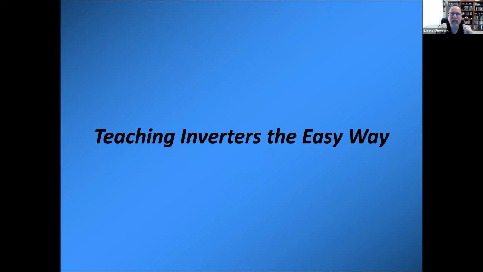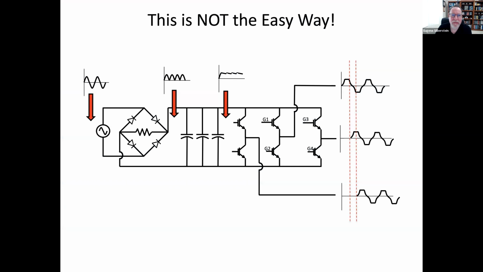One of the biggest mistakes I made when I started teaching psychrometrics was give my students the psychrometric chart on day one. Teaching pressure enthalpy, giving my students a pressure enthalpy chart on day one. If we start trying to teach inverter technology by giving our students something like this right at the beginning, they're going to run for the doors. So my suggestion is lock the doors before you do it.